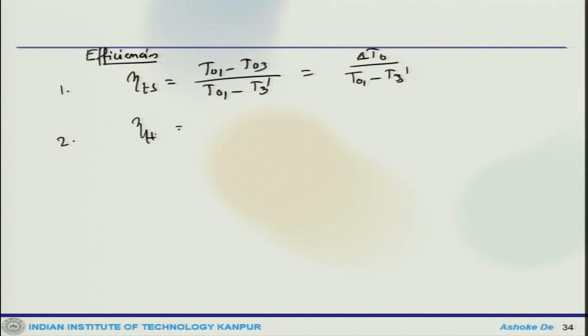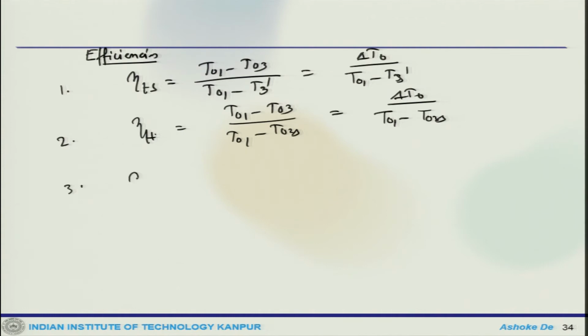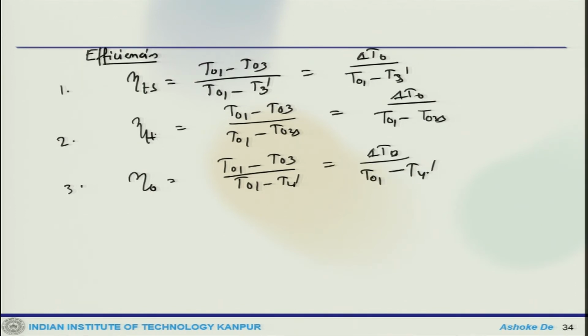Total to total efficiency is T naught 1 minus T naught 3 over T naught 1 minus T naught 3 s. So, the combined or overall efficiency is delta T naught by T naught 1 minus T 4 prime.